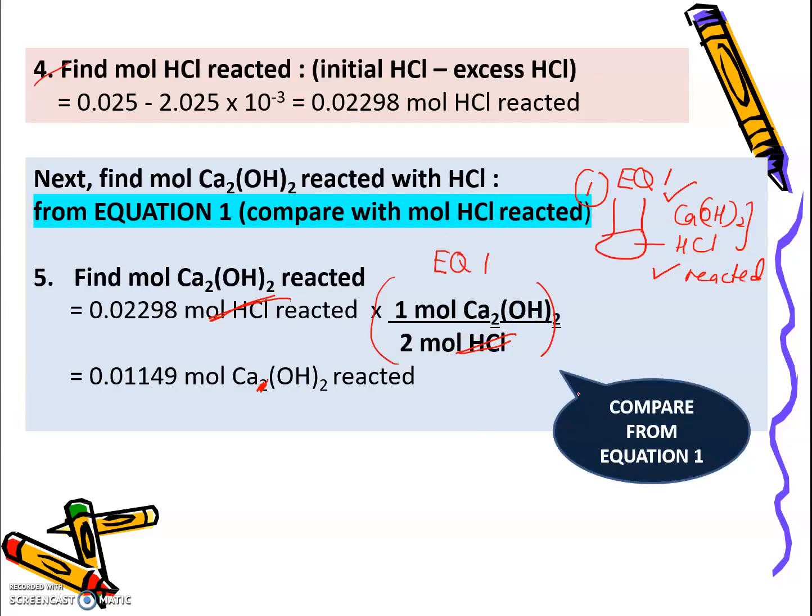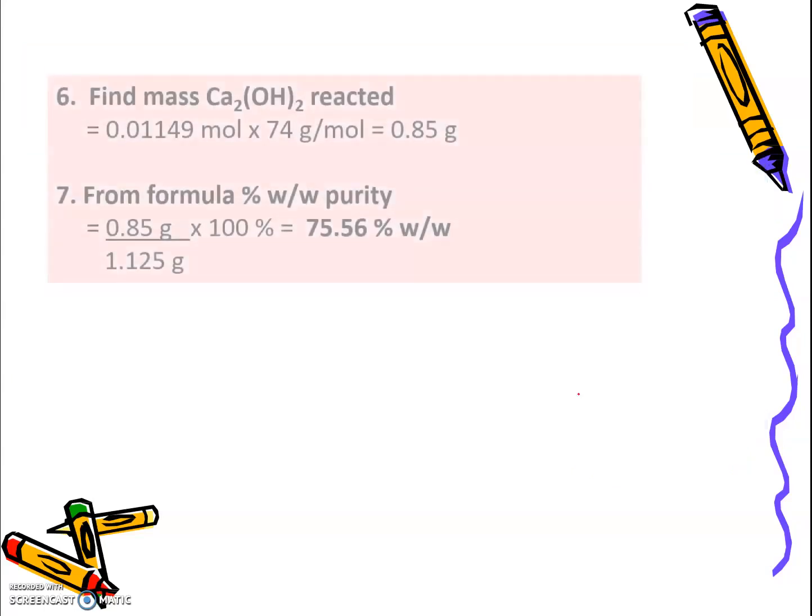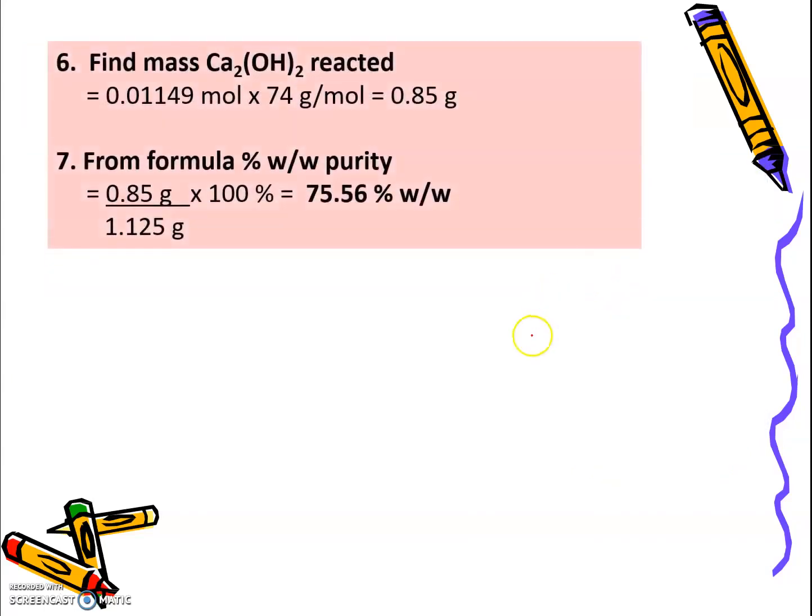Okay, next step number 6. After the number of mole of calcium hydroxide reacted that we have calculated previously, we can find the mass of calcium hydroxide by multiplying the number of mole calcium hydroxide reacted times the molecular weight.